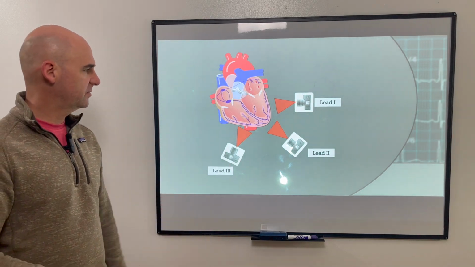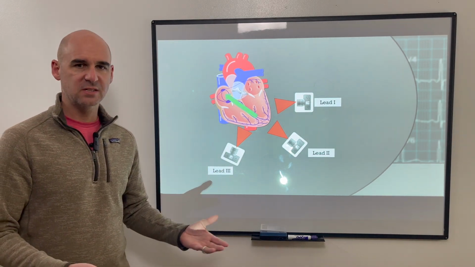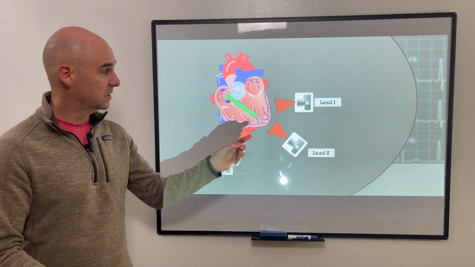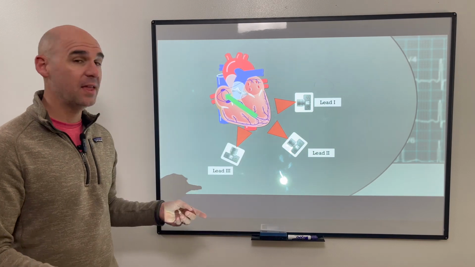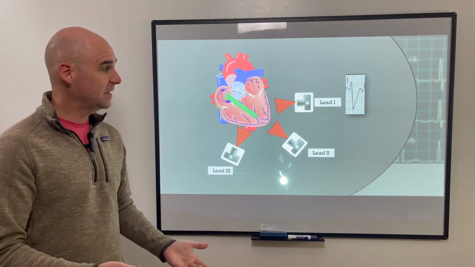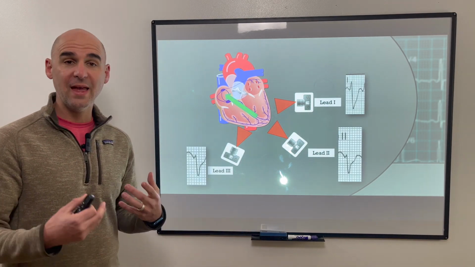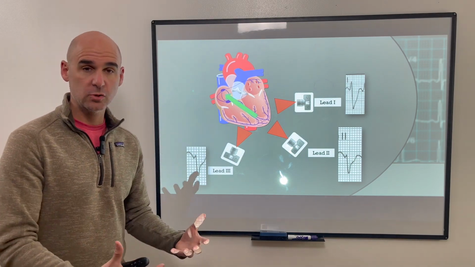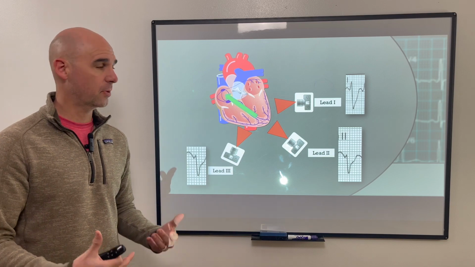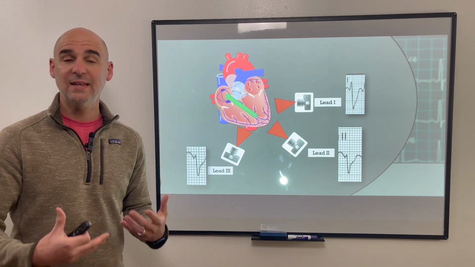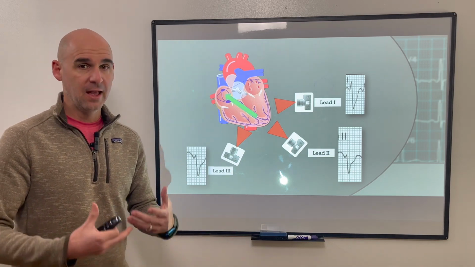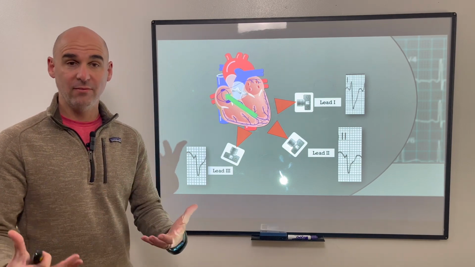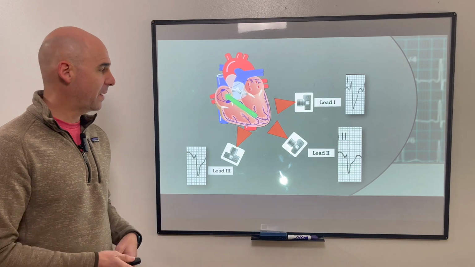Well, as we mentioned here, in extreme axis deviation, the depolarization wave is moving away from leads 1, 2, and 3, and therefore we're going to see that leads 1, 2, and 3 all have negative deflections, all right? So if we look on our 12 lead and see leads 1, 2, and 3 are all primarily negatively deflected, then that is going to be evidence that we have extreme axis deviation and the depolarization wave is moving backwards.